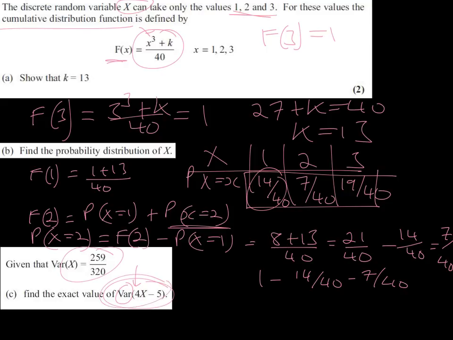So therefore, we need to take 4 squared, or 16, as the factor, and multiply that by the variance here, 259 over 320, and we should see that that's going to cancel out to give us a final exact value of 259 over 20.